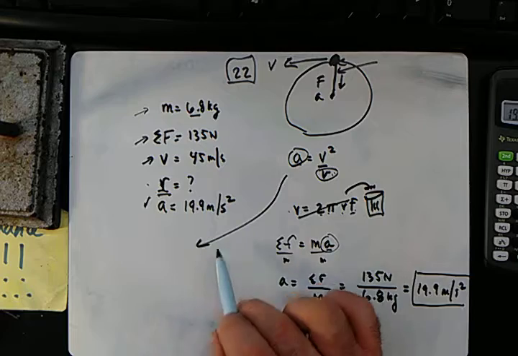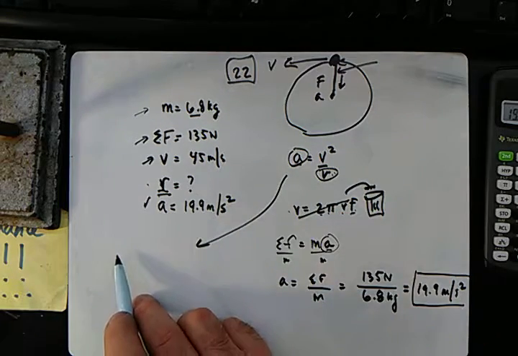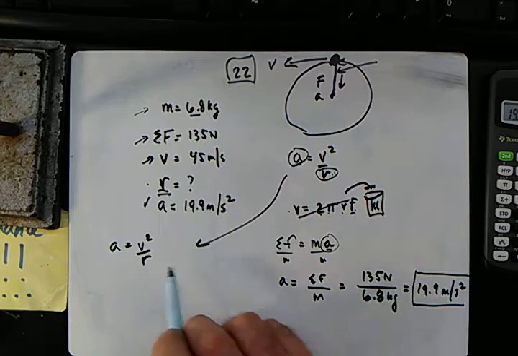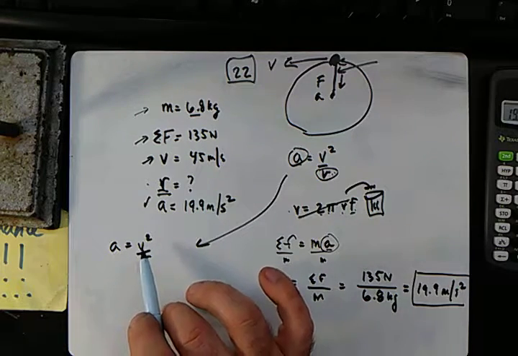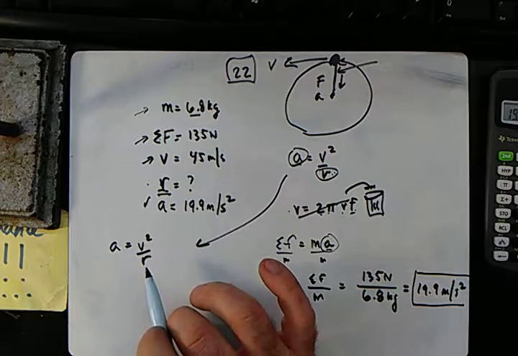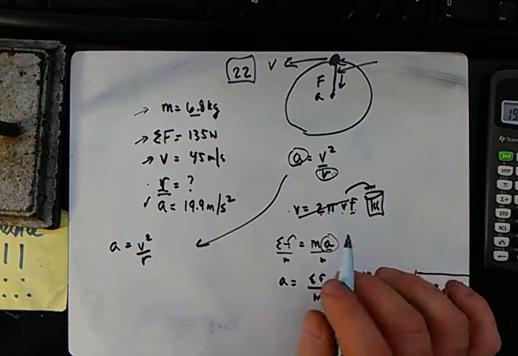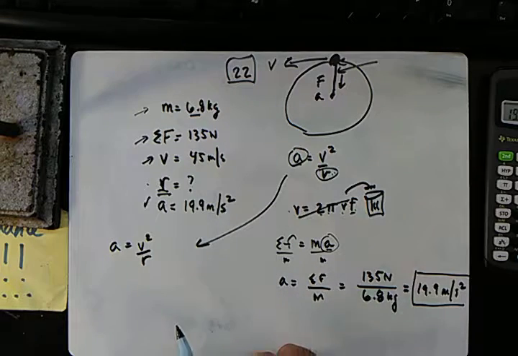So if I bring that on down here, I'm just going to plug in what I've got. We know a is v squared over r. Now guys, you can rearrange the equation prior to solving, or you can plug in the numbers and solve once the numbers are in. I switch back and forth between both ways, so in this case, we'll just leave the formula the way it is.